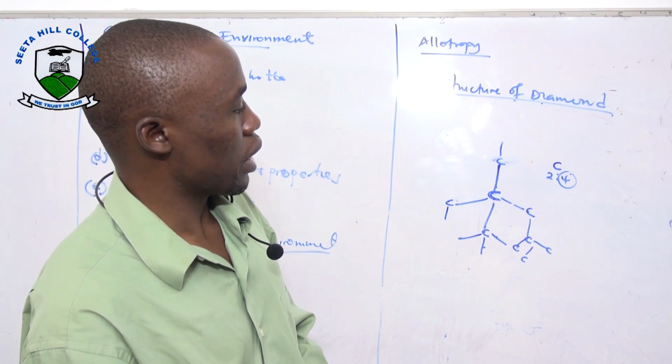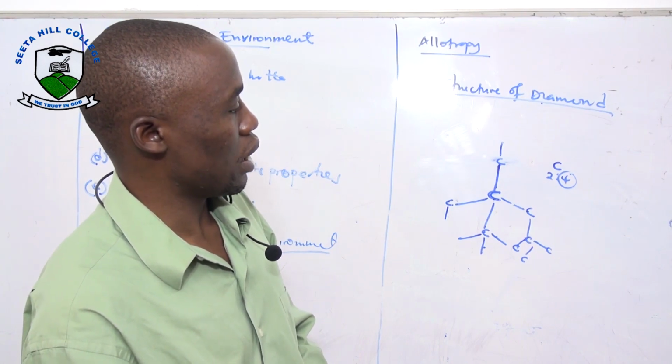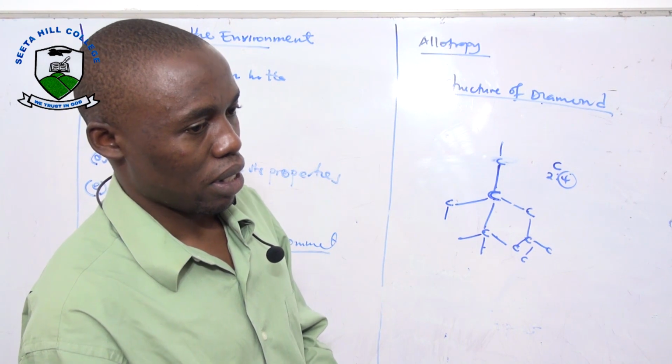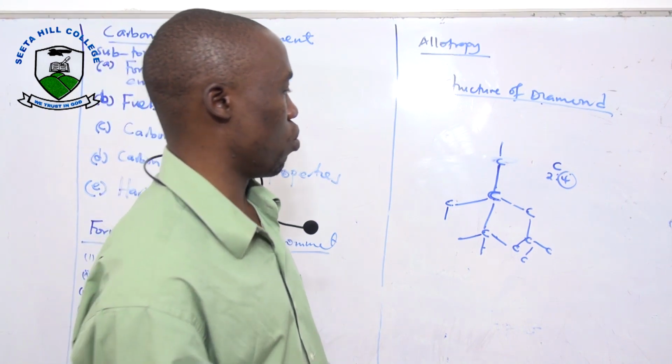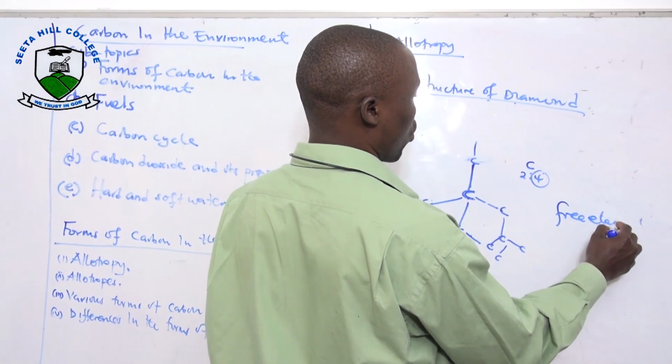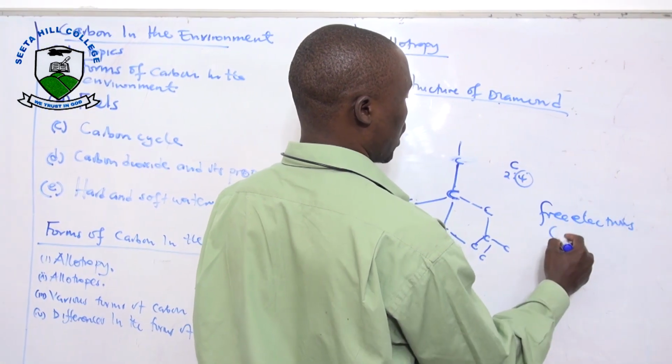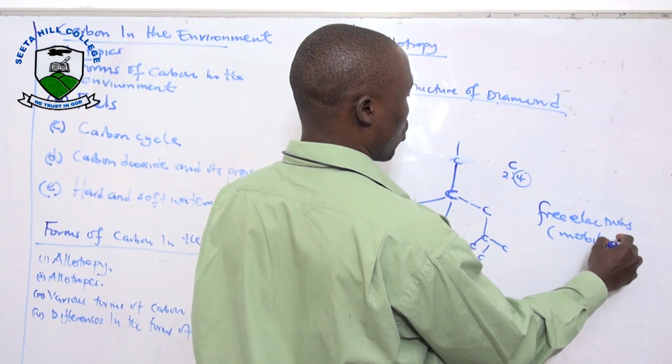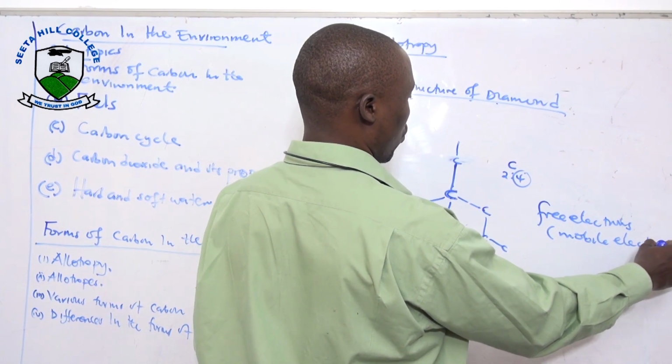Carbon here in this case has no free electron. That means carbon has no free moving electrons, therefore it can't conduct electricity. Those free moving electrons are also called mobile electrons.